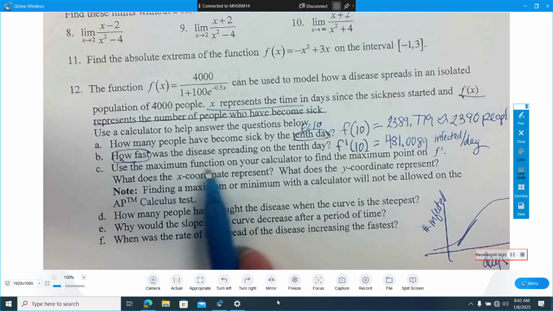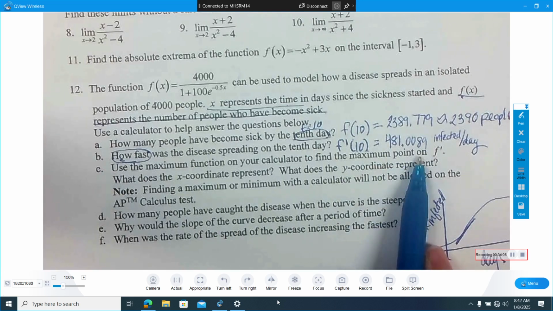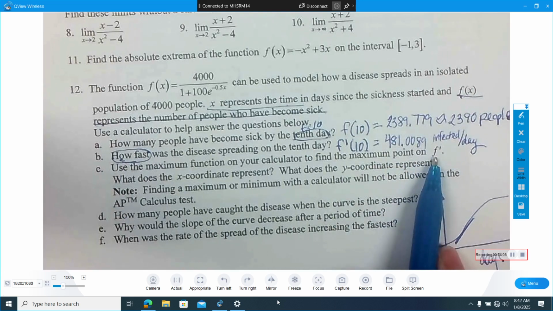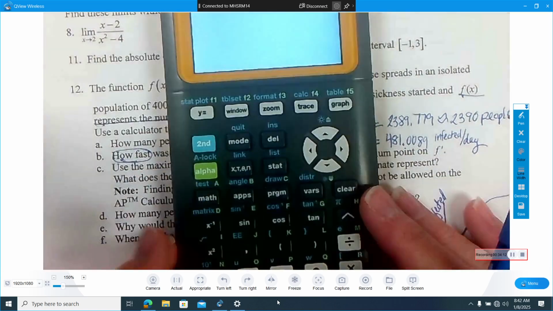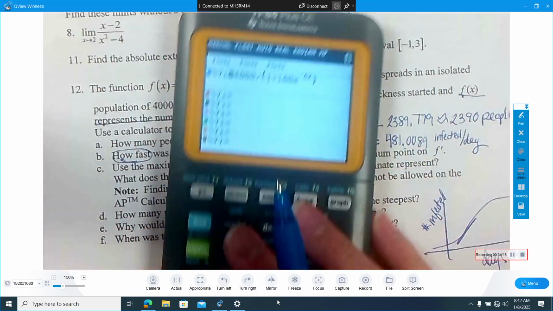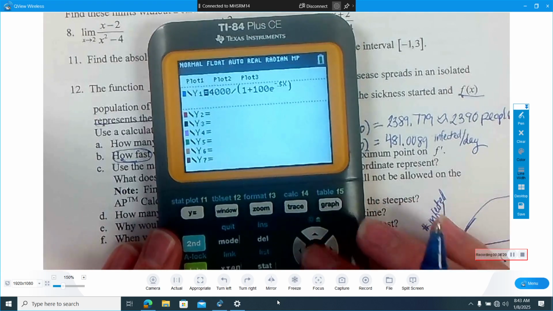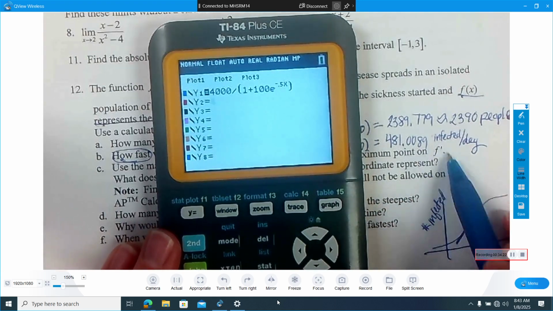Use the maximum function on your calculator to find the maximum point on f prime. All right, so the maximum point on f prime. We already have our function in here. We know that it's a logistic curve. And so what we want to do is graph f prime.